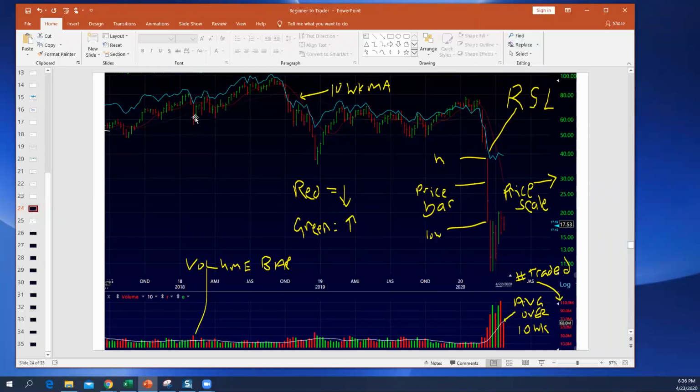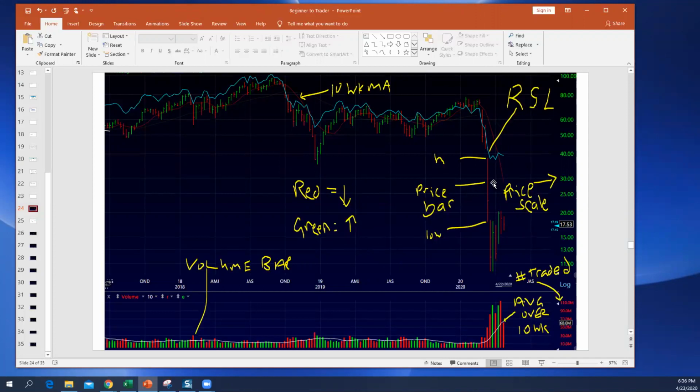So typically if the price closed below the close of yesterday, it'll be red. If the price closes above the close of yesterday, it's going to be green. To simplify it, a red bar means that the price closed down from yesterday, so it was a down day. A green bar means the price rose from yesterday, so it's an up bar.